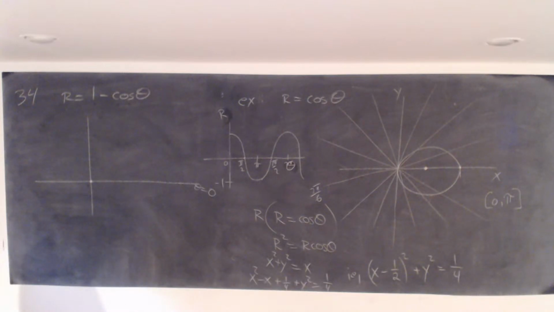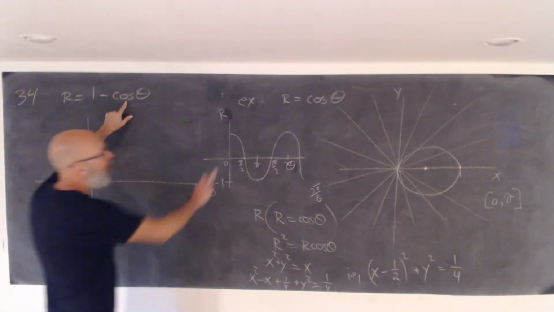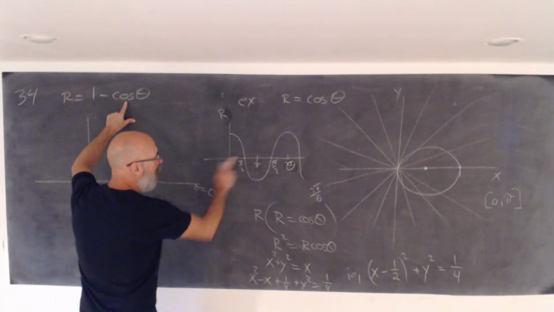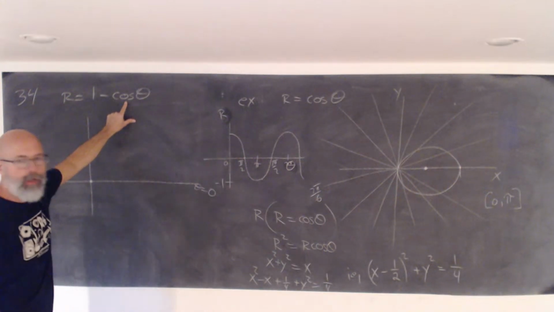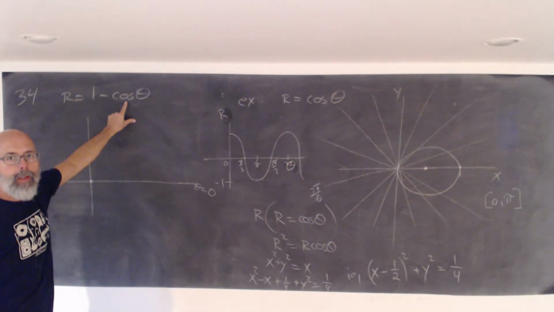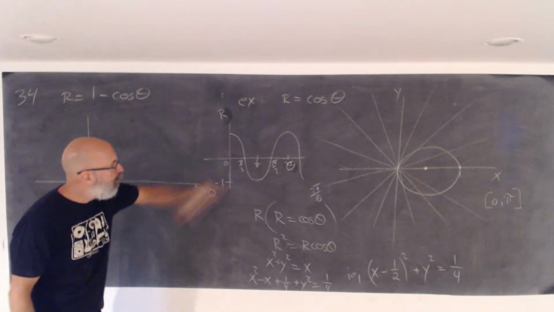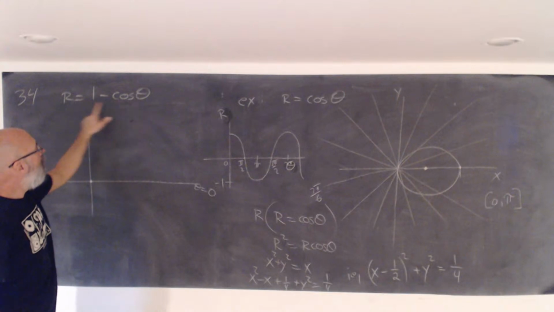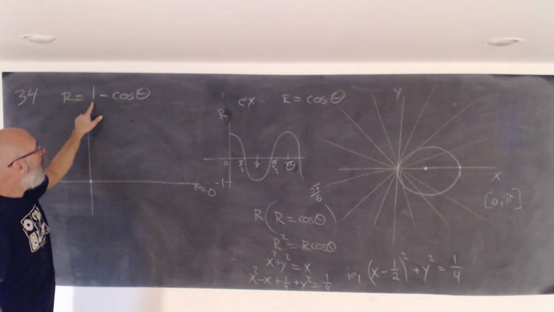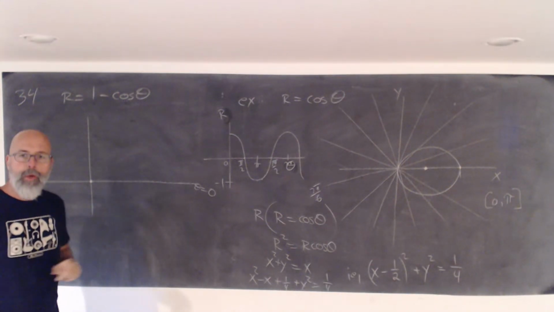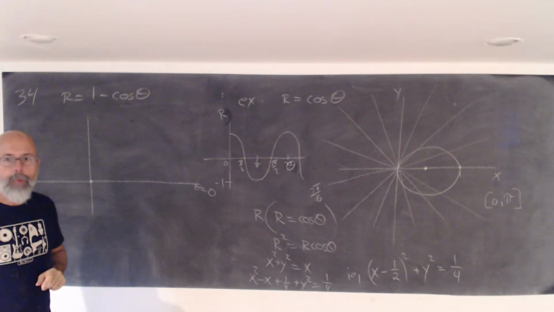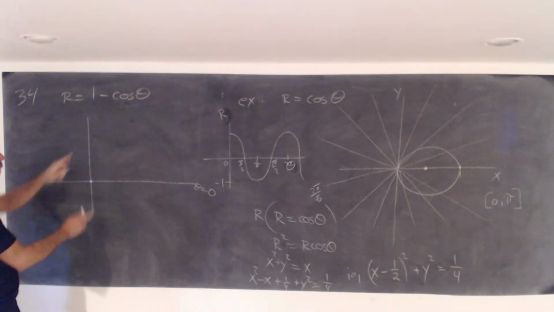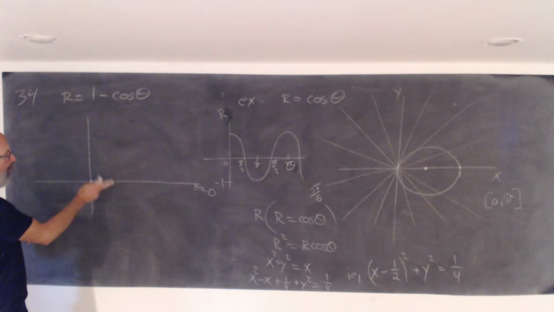What is happening to cosine? Cosine is going to decrease all the way to 0 at pi over 2. So this is going to increase from 0 all the way to 1 at pi over 2. Pi over 2 is right here, 90 degrees, right?